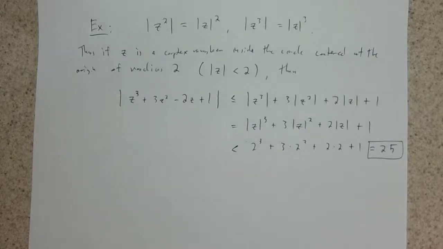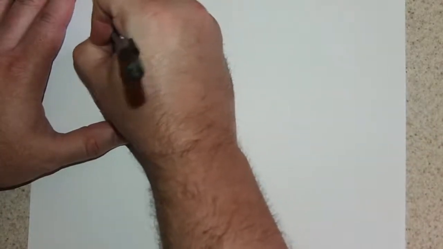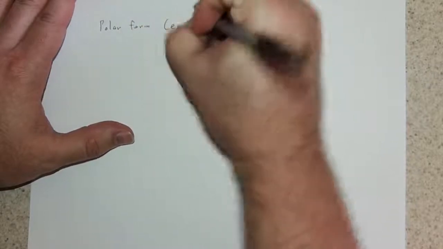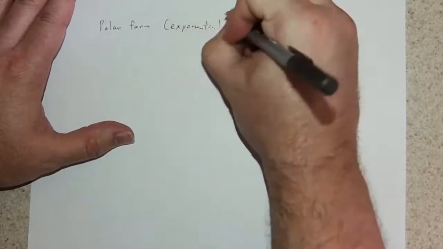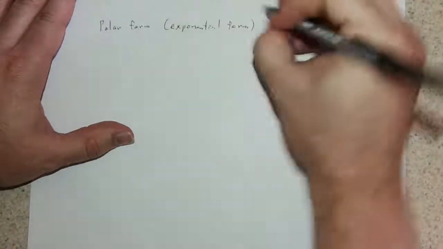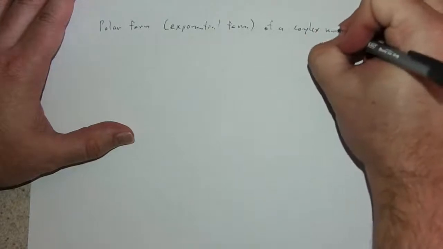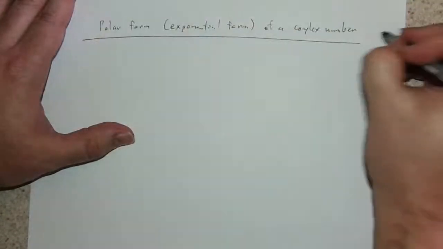Okay, and so what else? Well, the last thing I wanted to mention today is polar form, sometimes referred to as exponential form, of a complex number. So what's the idea here?